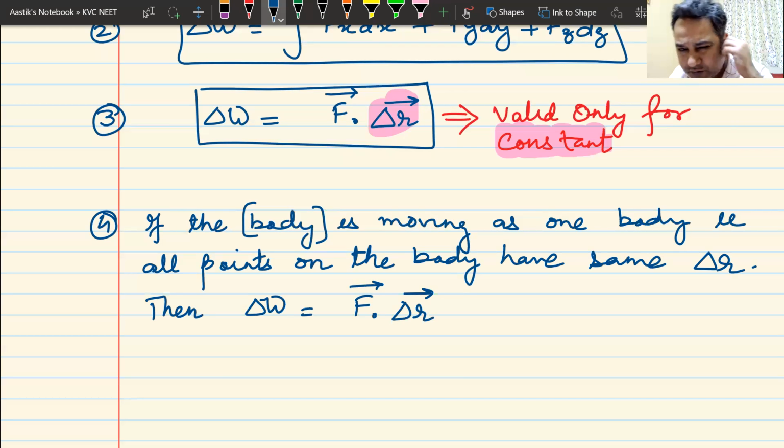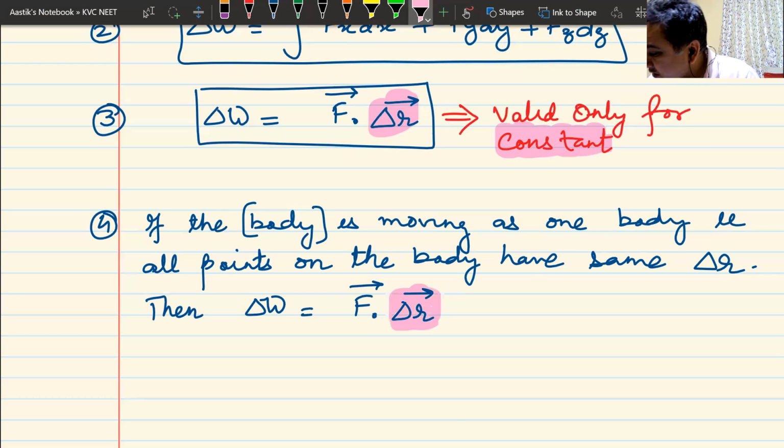You can also write it for variable force. And this delta R is the same delta R, which is the displacement of the entire body.